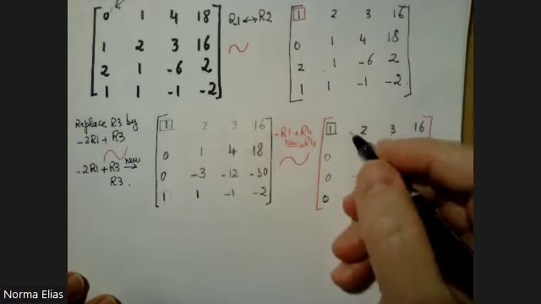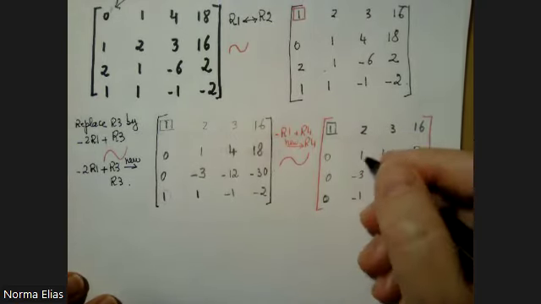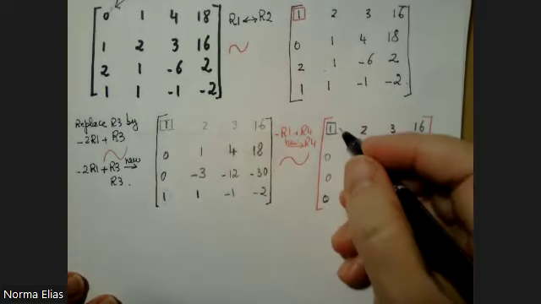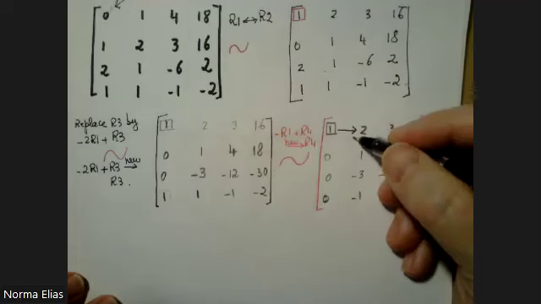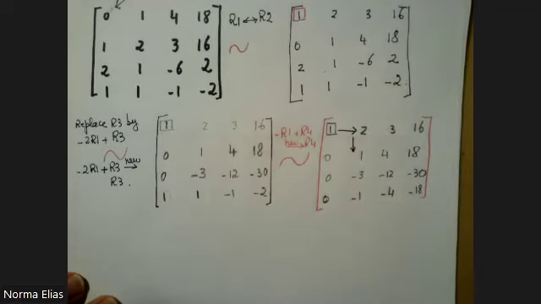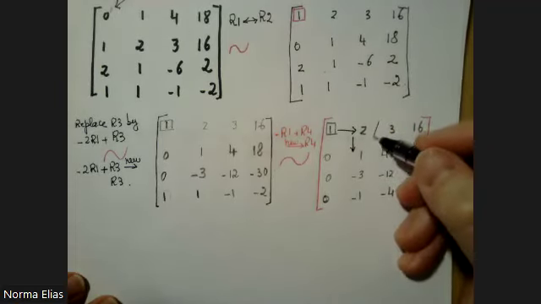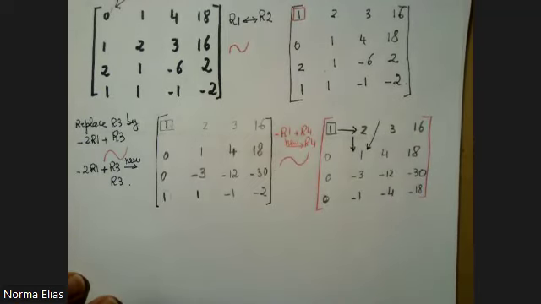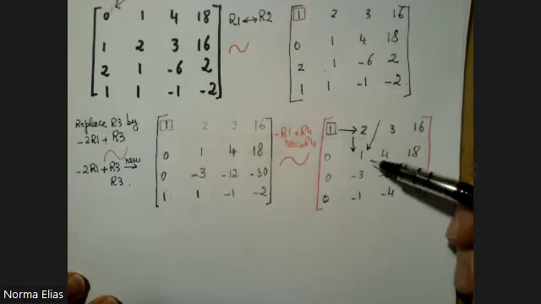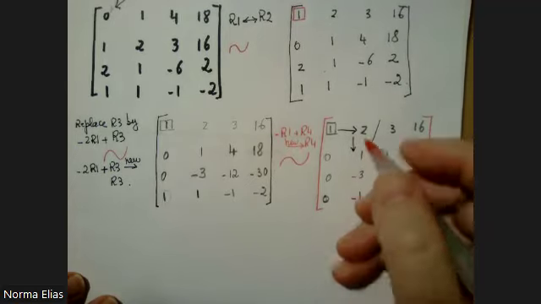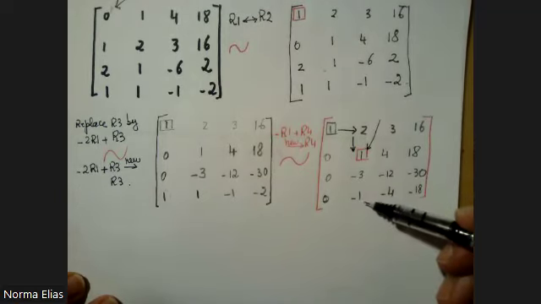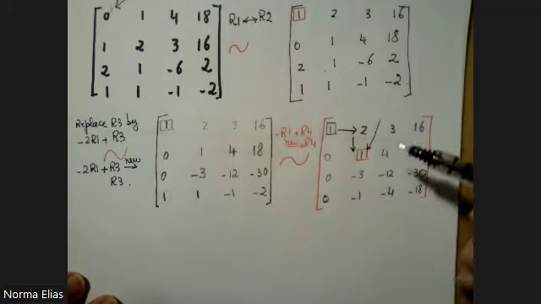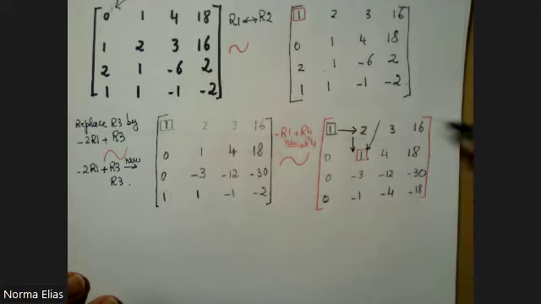The way we do it is, remember, now I need a leading one here. I have a difficulty. We move to the right and then down, and then we try to create a leading one in this location. Now I already have a leading one, which is great. So I don't have to worry about creating a leading one. But now to be in echelon form, everything below it has to be a 0. So I'm done with the first row.